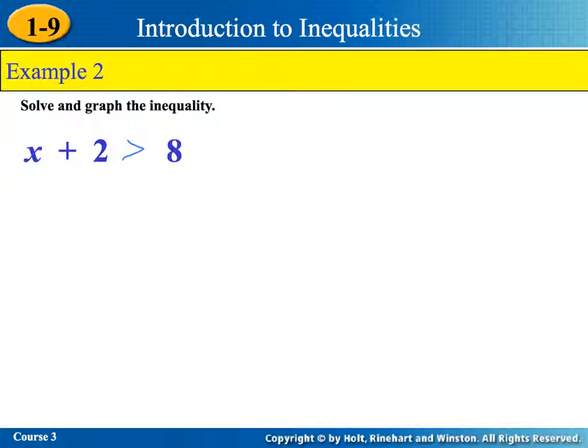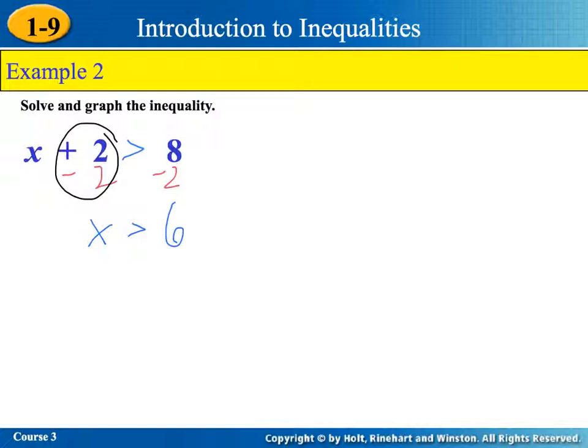We take the inverse operation of what's happening to that 2. What's the inverse operation of addition? It is subtraction. So x is now going to be greater than 6. I took the inverse operation to solve my answer. So now I have x is greater than 6.